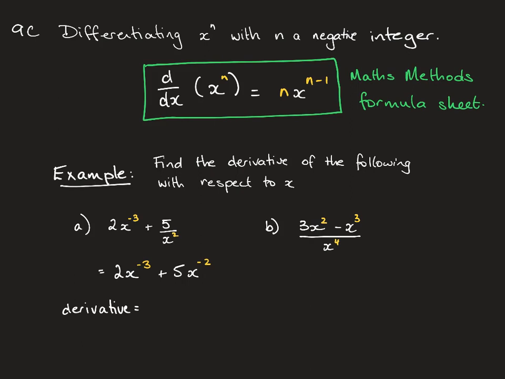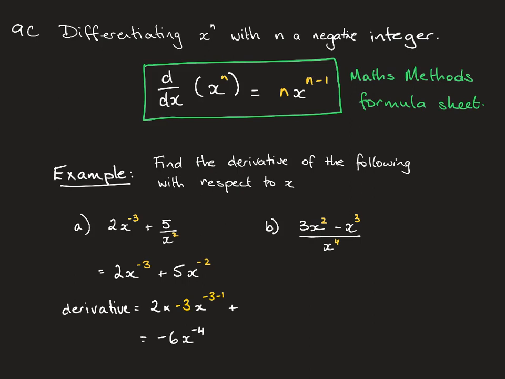Now we'll use our derivative pattern. The 2 stays out the front and it's multiplied by the power that comes down, so minus 3, and the x, and our power is minus 3 minus 1. So that will become minus 6x to the power of minus 4.